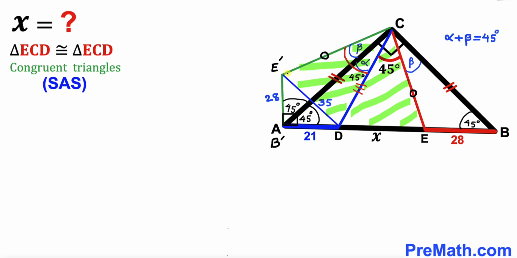So this segment DE prime is equal to this segment DE, which is X. If this segment is 35 units, then this DE length is 35 units as well. So our X length turns out to be 35 units.